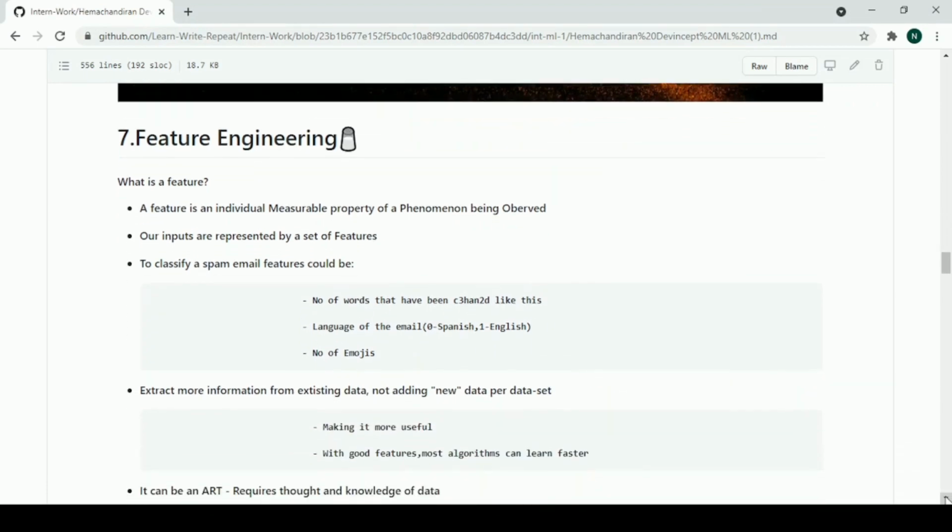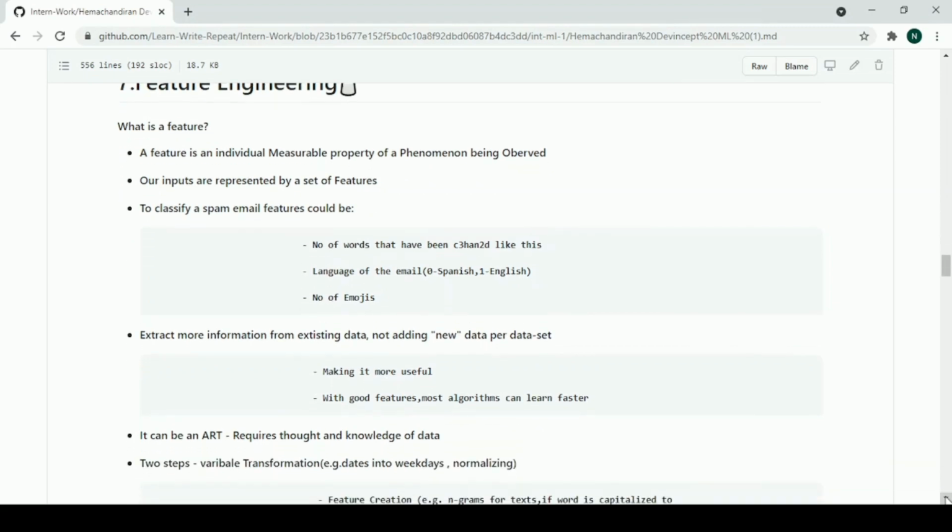Now, extract more information from existing data, not adding new data to the dataset. Making it more useful with good features, most algorithms can learn better and faster and are more reliable. It can be an art. It requires thought and knowledge of the data that is being used. There are 2 steps. First, variable transformation, for example turning date into weekends, and normalizing.